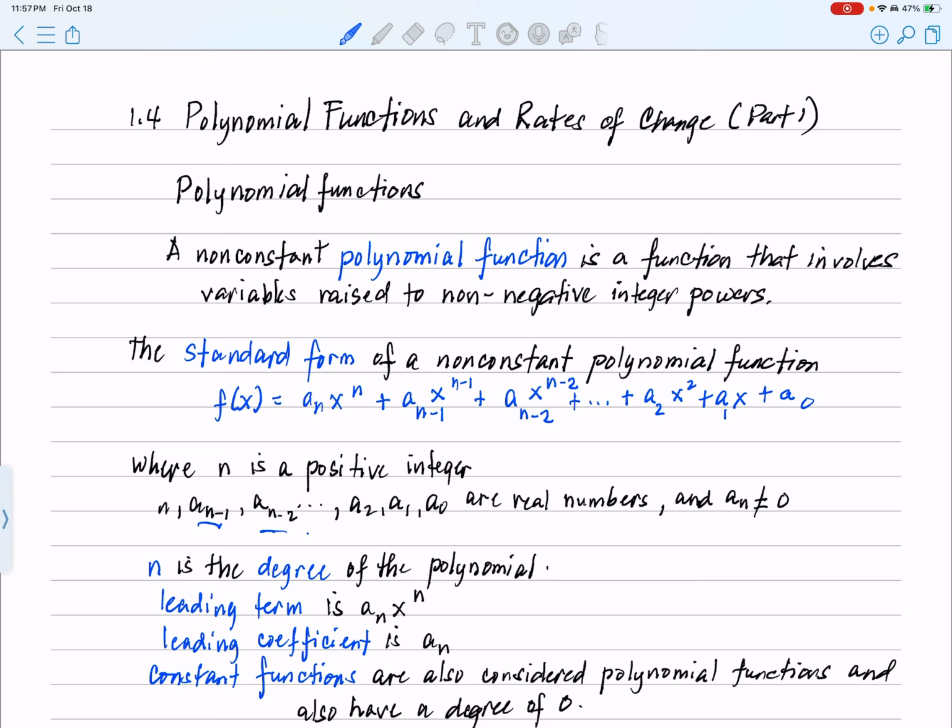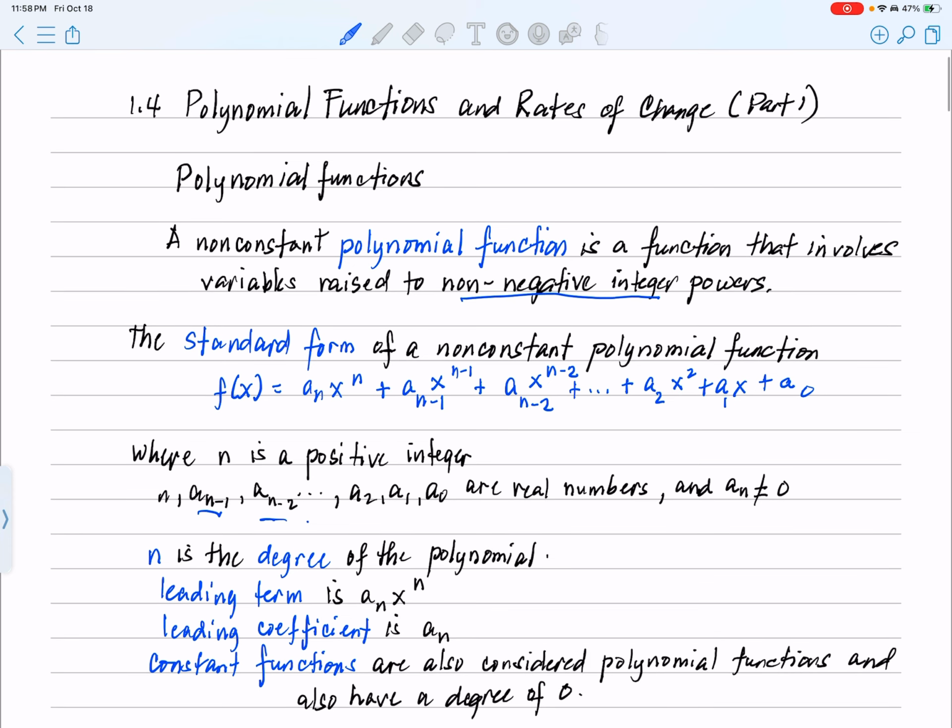A non-constant polynomial function is a function that involves a variable raised to non-negative integer powers.